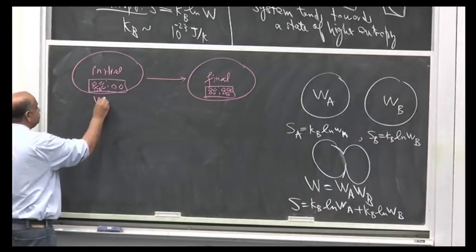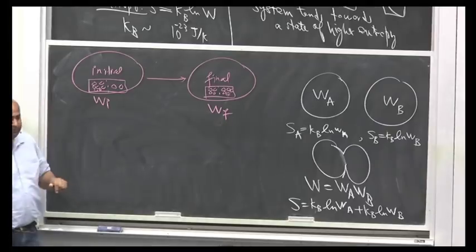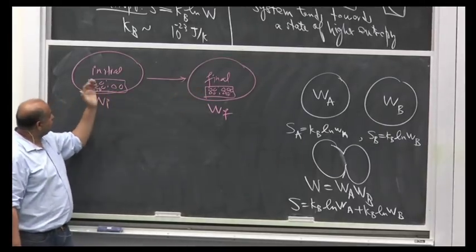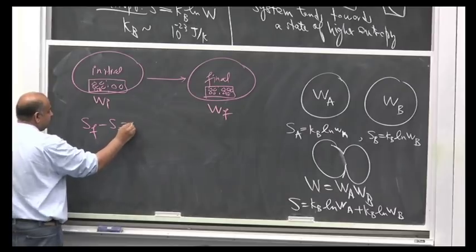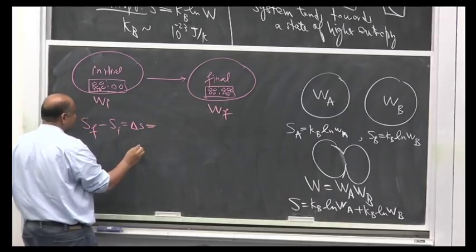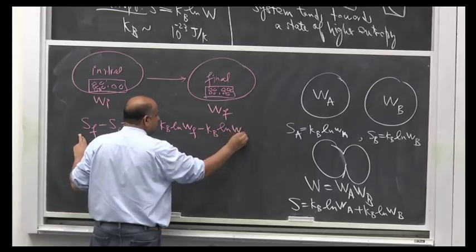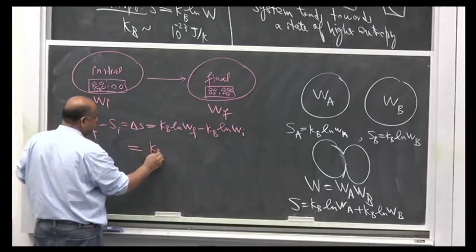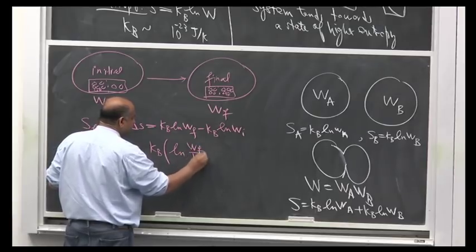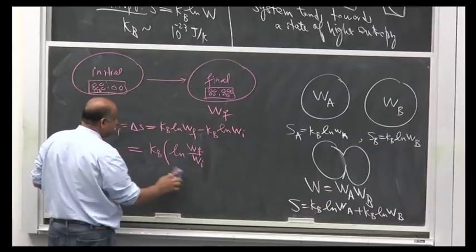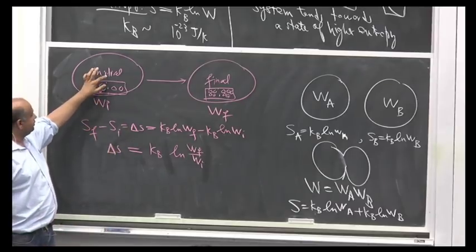This has some WI ways of arrangement, and this has some WF ways of arranging this macrostate. So what's the change in entropy from here to there? We can find this change in entropy from initial to final state as KB log WF minus KB log WI. So we can take KB common. This log WF minus log WI is simply log of WF over WI. We can delete this bracket. So this is the change in entropy of a system when it goes from one state to another state.